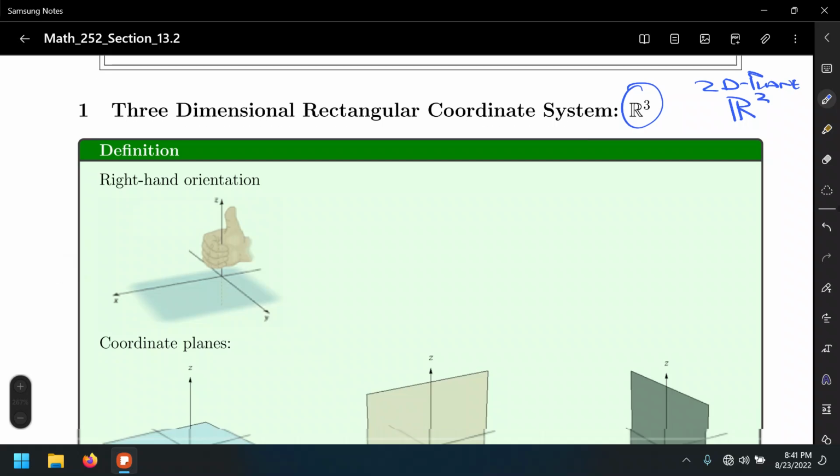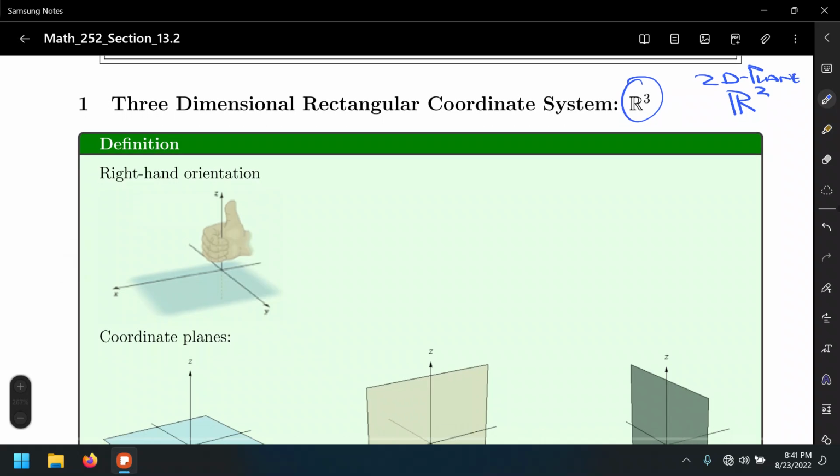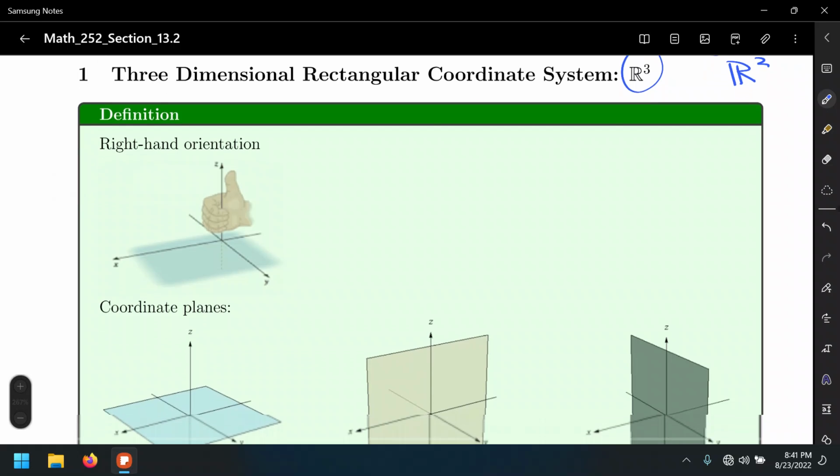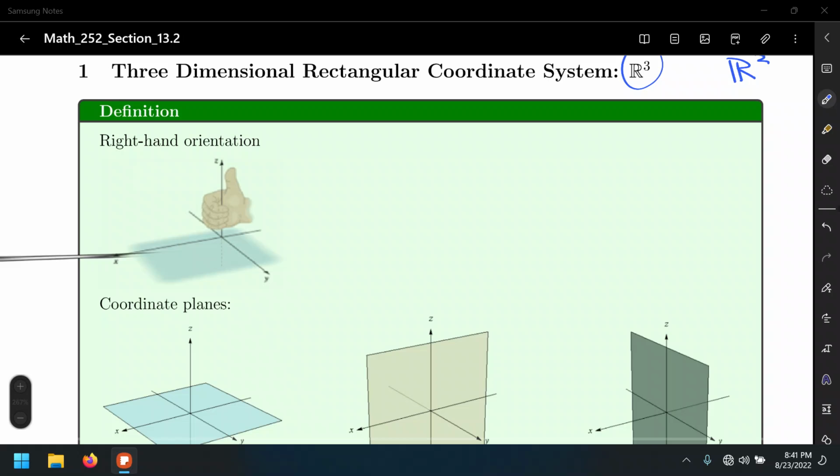The right-hand orientation. When we try to plot anything in 3D, we use some perspective. This is the x-axis, this is the y-axis, and this is the z-axis. The right-hand orientation is, for example, if you point this as your x-axis, the direction when I fold my fingers is the direction where the y-axis is.